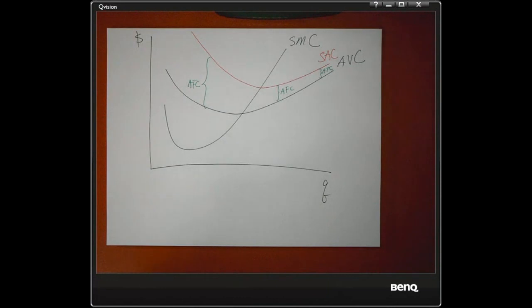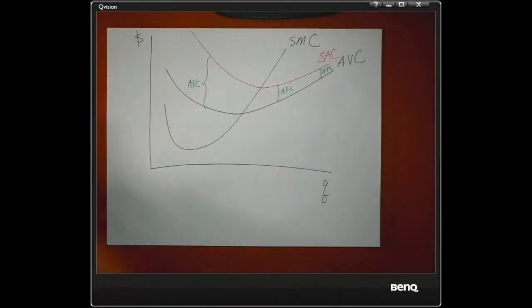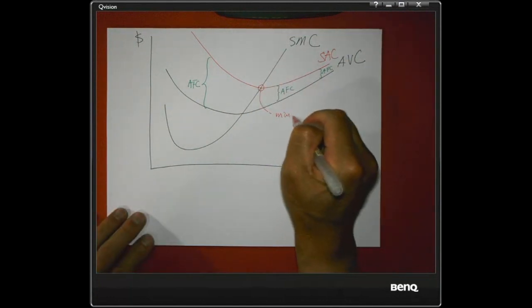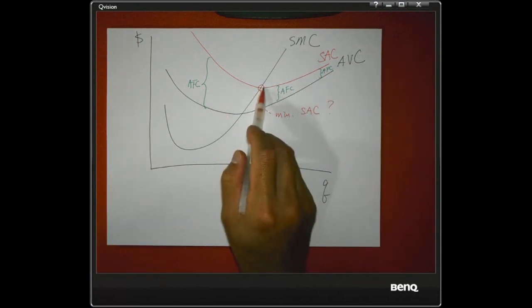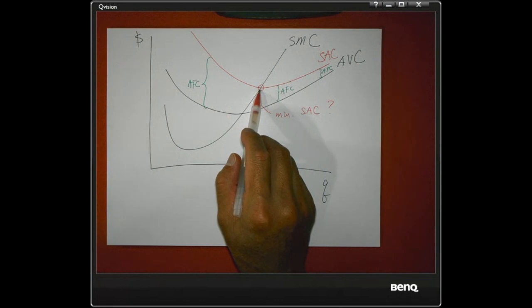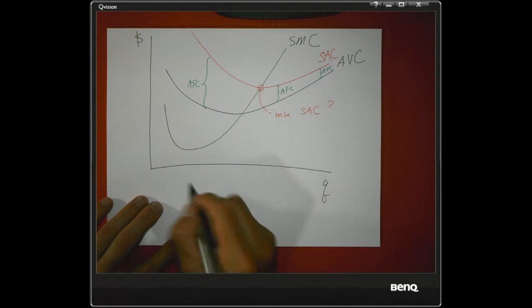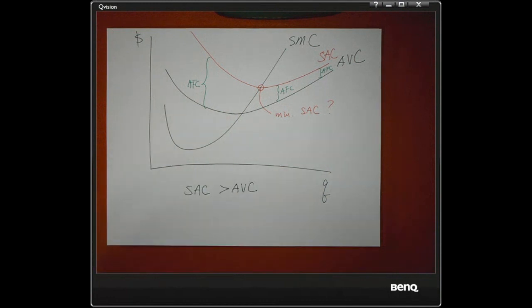And now, how do we know that the short run marginal cost goes through the minimum of the short run average cost? How do we know they cross each other at this point? Well, short run average cost is greater than the average variable cost.